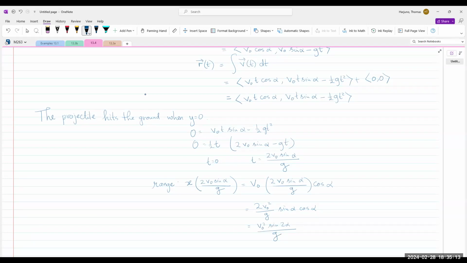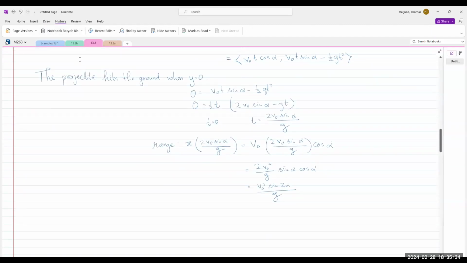If you release that projectile at height 0, then it will reach the ground again at this distance away from the initial point. Now, the interesting thing is that we can actually find how to maximize the range.